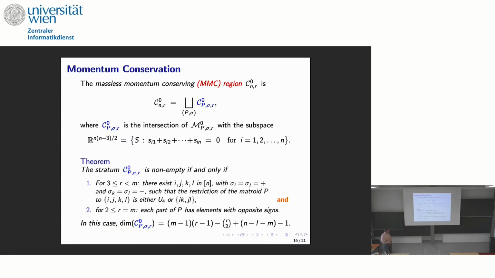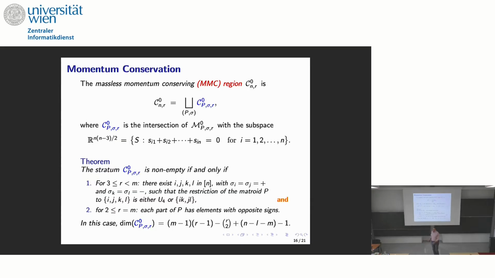bit more complicated, right? So either R is between 3 and m, and then there exist I, J, K, L among the n particles, where I and J have the same sign, likable or not. So they're both likable, the other ones are dislikable, such that the restriction of the matroid P to this 4-element subset is either the uniform matroid or is this two parallel pairs.